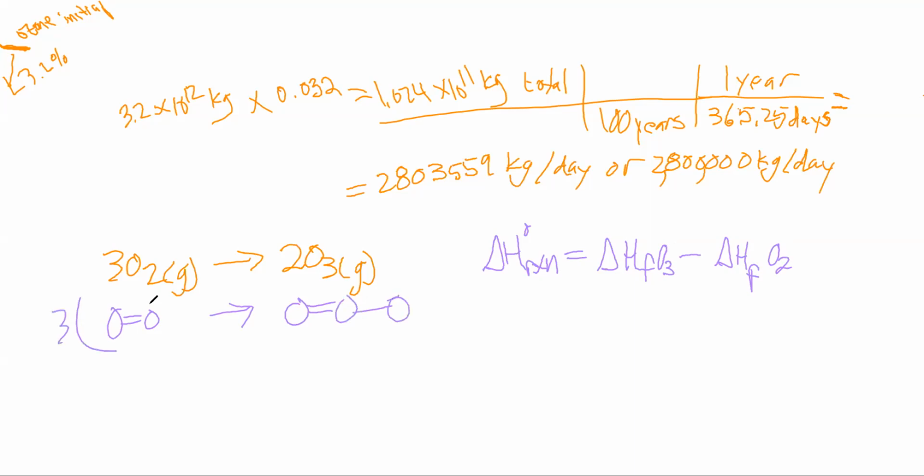And so on average, we're going to break apart 2 O double bonds plus 2 single bonds.